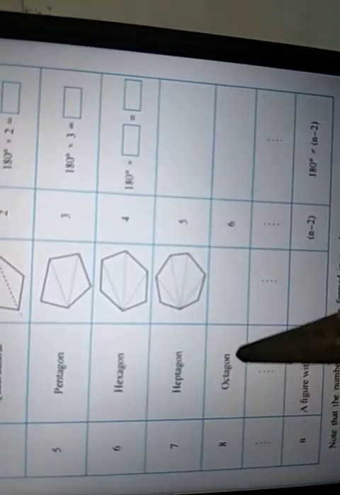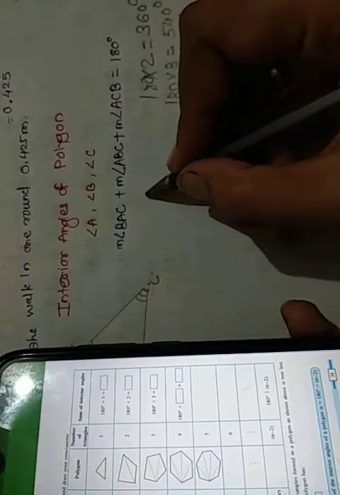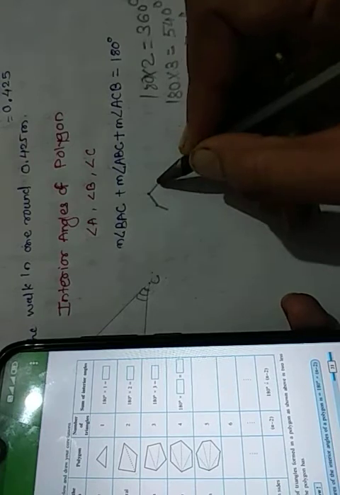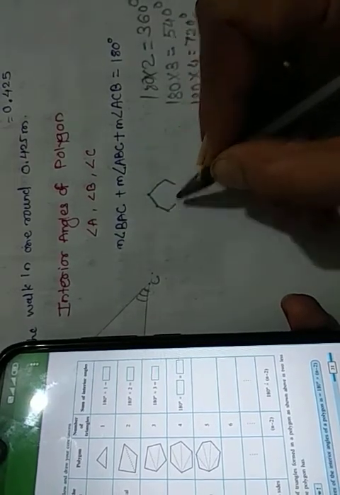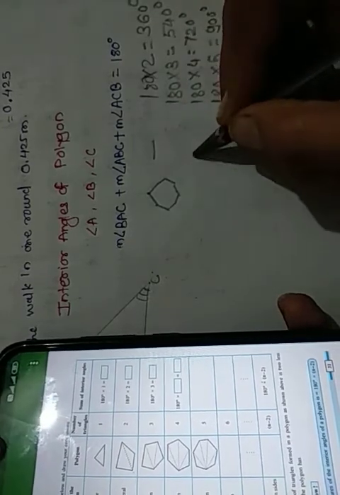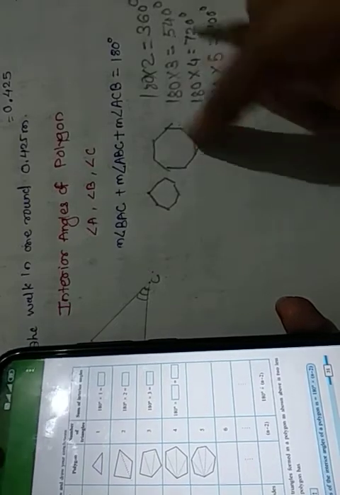The next figure is the octagon. An octagon is a closed figure having 8 sides and 8 angles. See, this is an octagon, with 8 sides and 8 angles. How many triangles are made here?